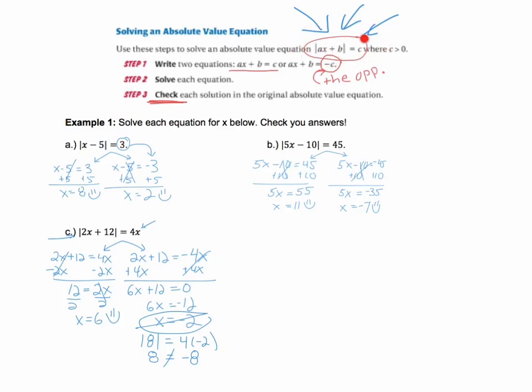You're going to want to make sure that there are no coefficients in front of this thing or anything added to it. You want to make sure that your parent function, in this case the absolute value function, is isolated, or by itself, on that left side. Then you go into your steps.